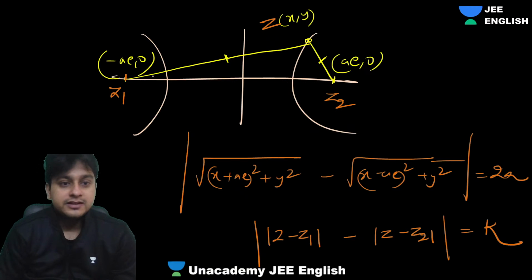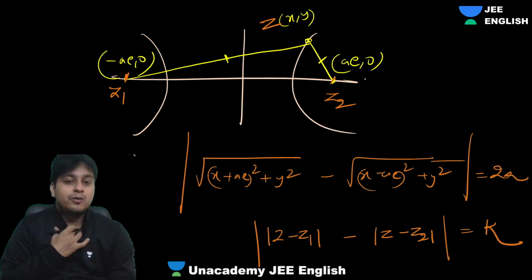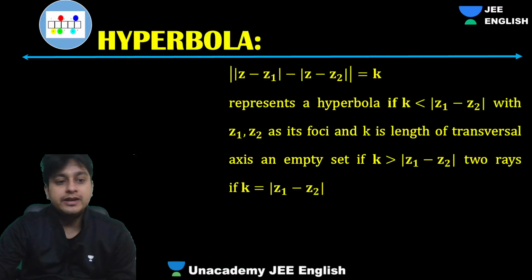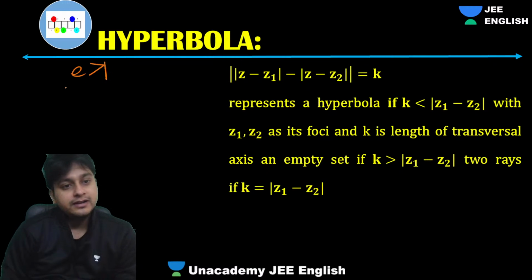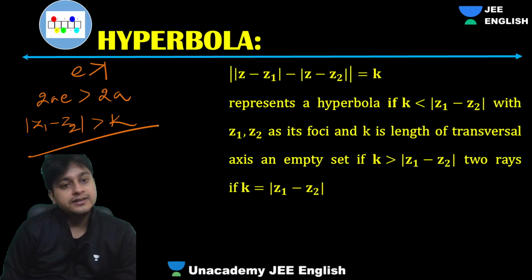So for this to be a hyperbola, what should be the condition? All of you might be knowing it now. The hyperbola condition is that eccentricity is more than 1, right? Just multiply by 2a both sides. So 2ae should be more than 2a. What is 2ae? Mod of z1 minus z2 should be greater than k.